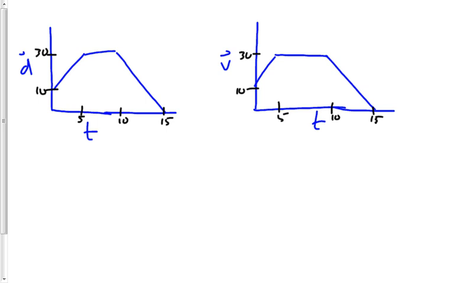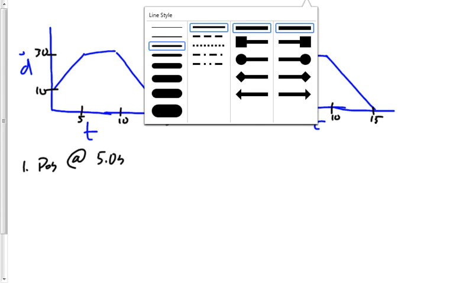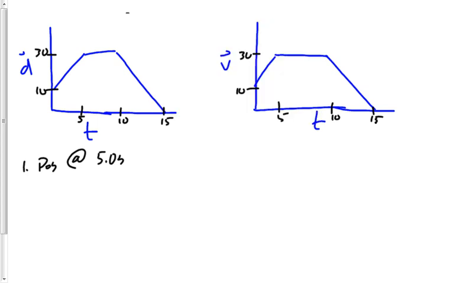Well, maybe for the first one, I ask you for the position at 5 seconds. The only thing we're going to do to get the position at 5 seconds is go up and over.